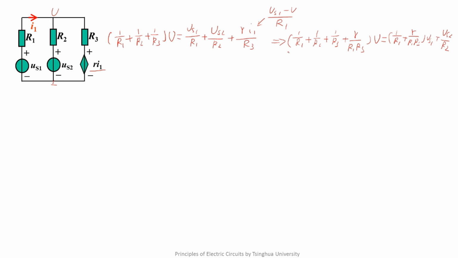We will get all branch variables of the circuit by solving the linear algebraic equation of U.